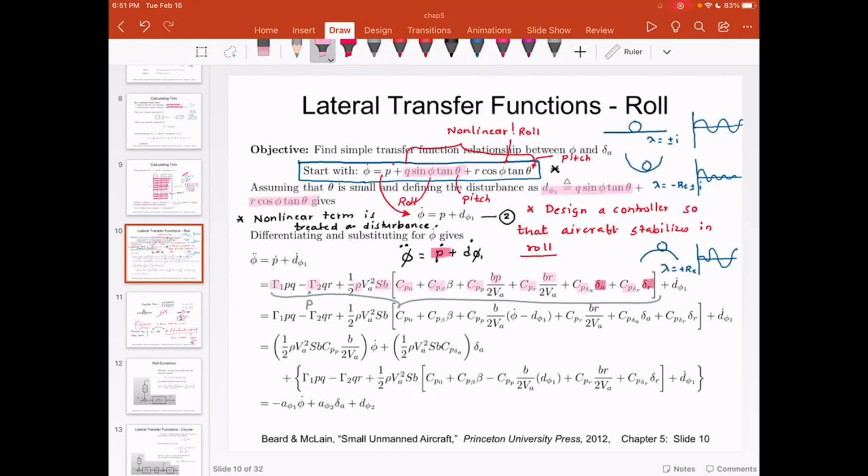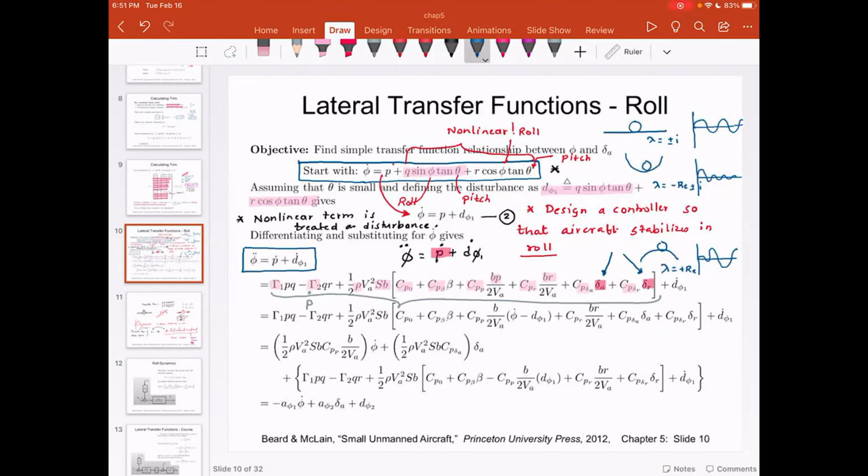So all of a sudden, the control variables came into the picture. Now what it means is this allows me to tune the eigenvalues of this differential equation the way I want using the control input.